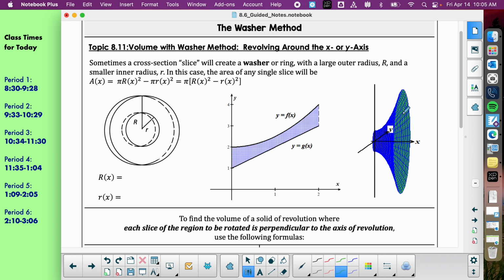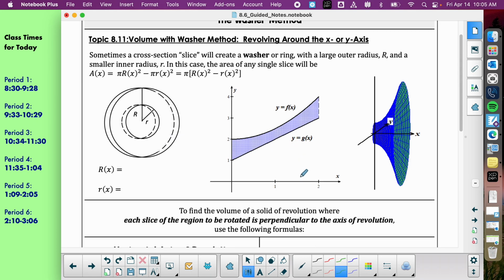It would absolutely look like some sort of a cone, like the end of a horn. It would be hollowed out. This would look like the end of a trumpet or a saxophone. I'll try to draw them on the problems. That's what this is showing you.